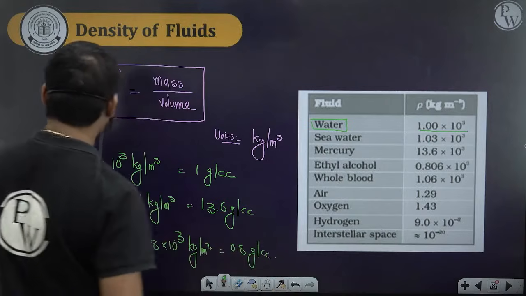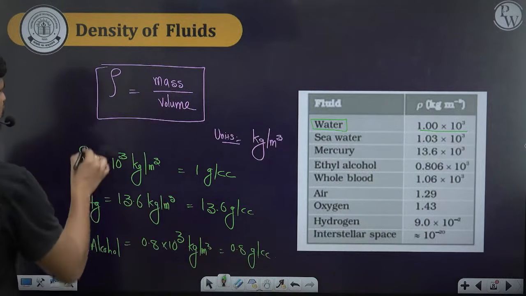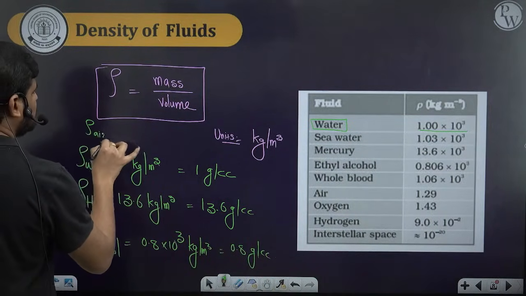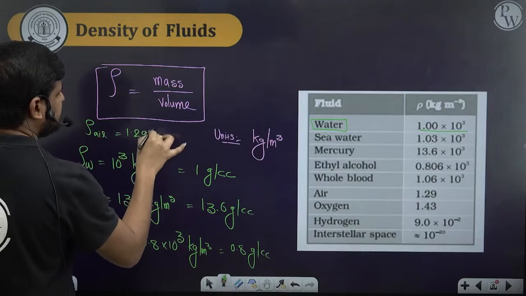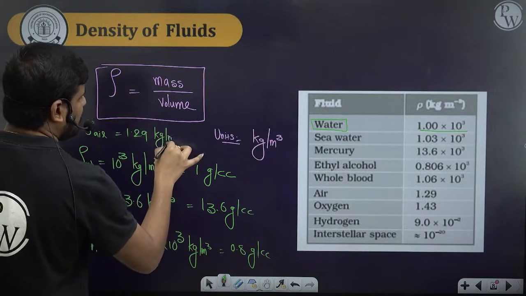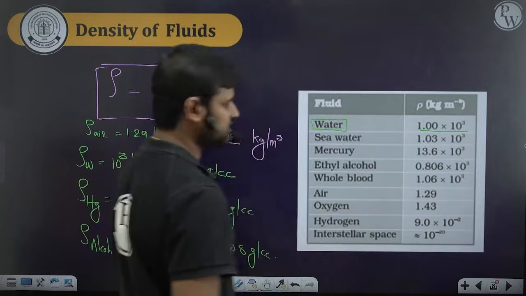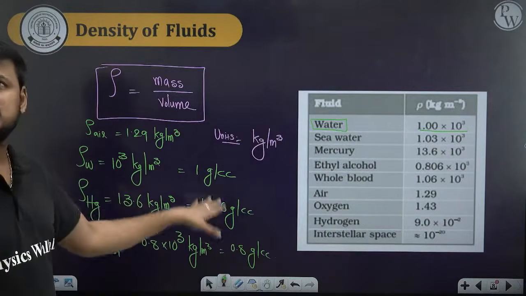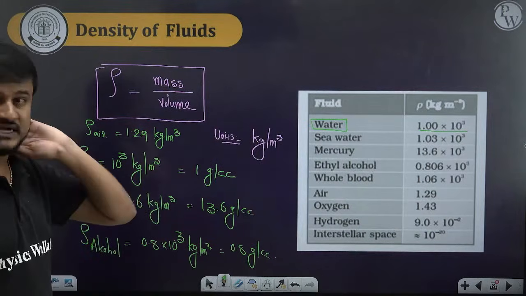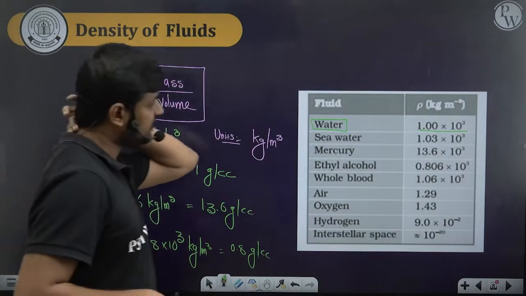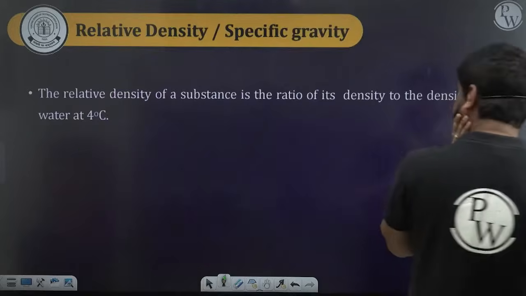Along with these three values, you also remember for air, which is 1.29 kg per meter cube. Clear? These are the basic values everyone should remember, guys. So let's move further.